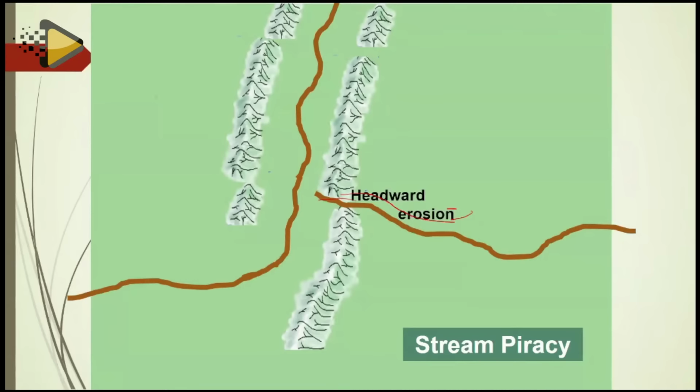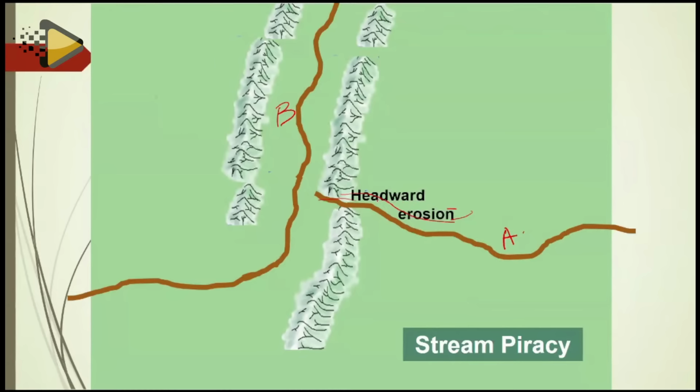Now, as you can see, this river is flowing on a steeper gradient, and this one, which is river B, is flowing on a gentle gradient. Because river A is on a steeper gradient, it's going to do headward erosion, lowering and removing the watershed.